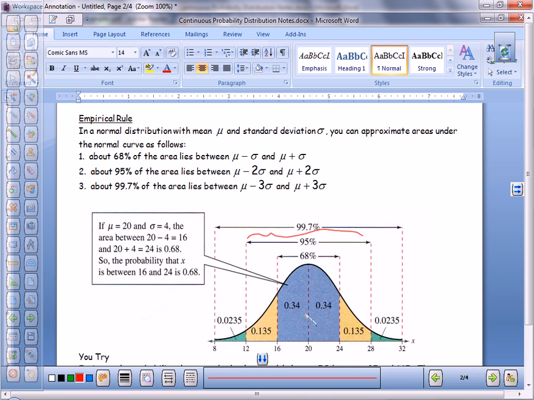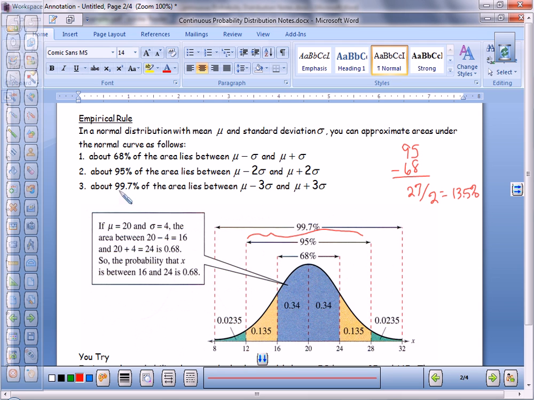Since we already have this 68, to find the percent here and here, we take the 95, which we know is from here to here, subtract the 68, and that's going to leave us 27% for both sides, between 1 and 2 standard deviations in the positive and negative direction. So where we got that 13.5 was because we have both sides, so we take that 27% and divide by 2. So it'd be 13.5%, which is the 0.135 under the curve on either side.